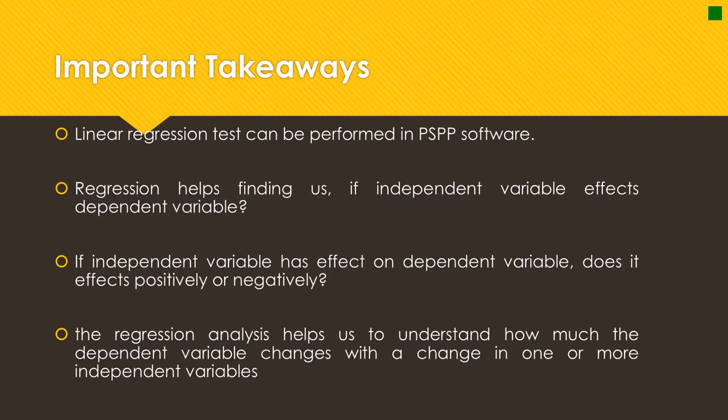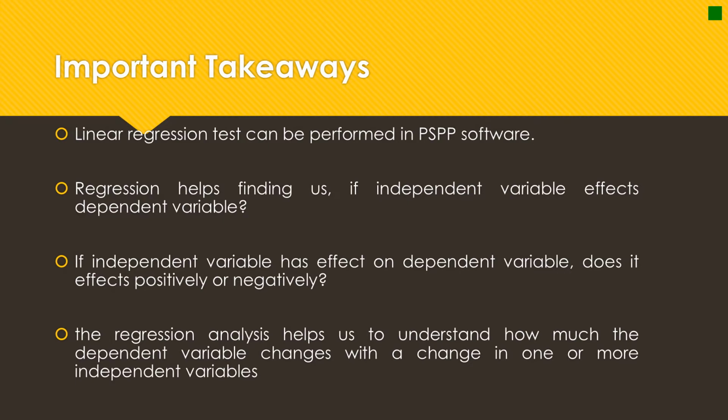The second point is that regression helps us find out whether an independent variable affects a dependent variable. Either we reject the null hypothesis or, sorry, not accept the null hypothesis, we fail to reject the null hypothesis. If the independent variable has an effect on the dependent variable, does it affect it positively or negatively?